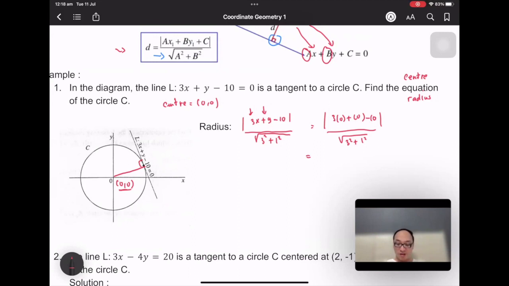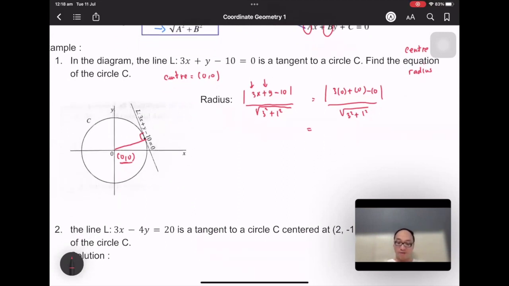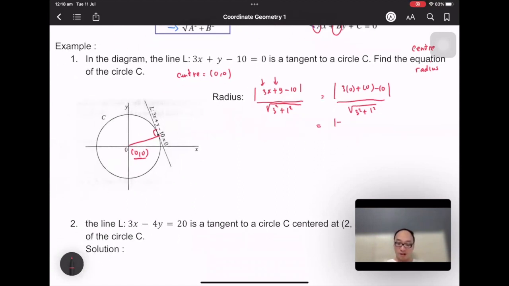So equals negative 10 over square root of 10. So this is square root of 10. This is the radius. So the equation is x squared plus y squared equals r squared. So x squared plus y squared equals 10.